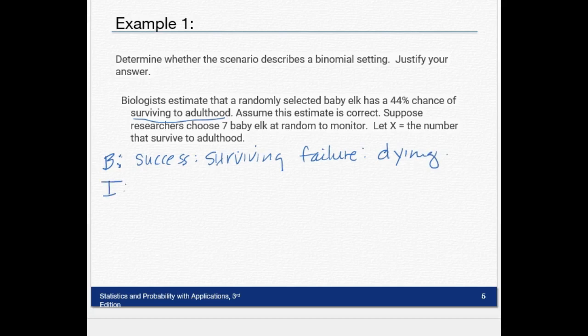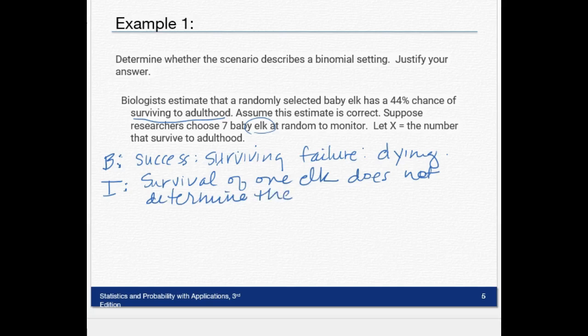I was for independence. Independence is that one success does not determine the next success. So in context, we were talking about baby elk. We would say that the survival of one elk does not determine the survival of another. This is what we mean by independent.